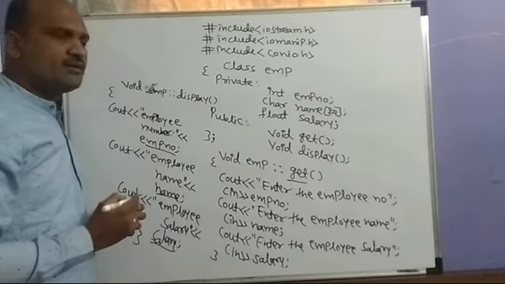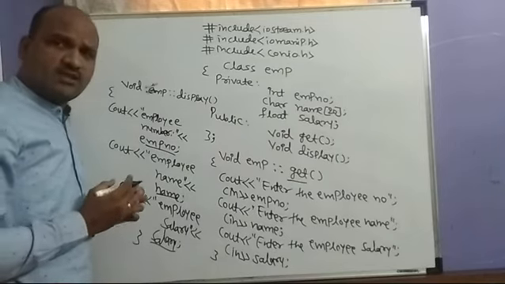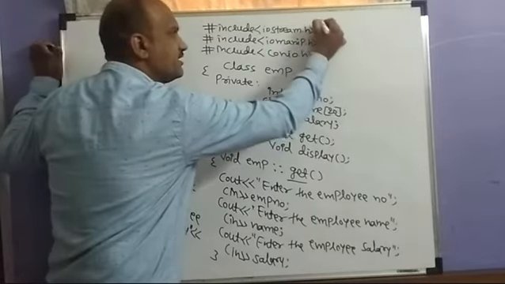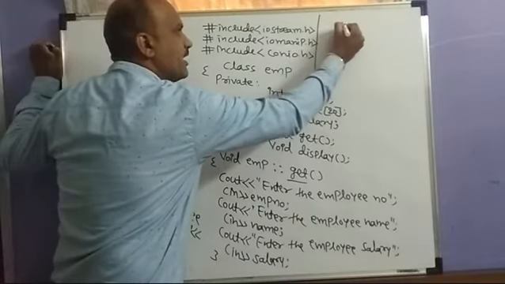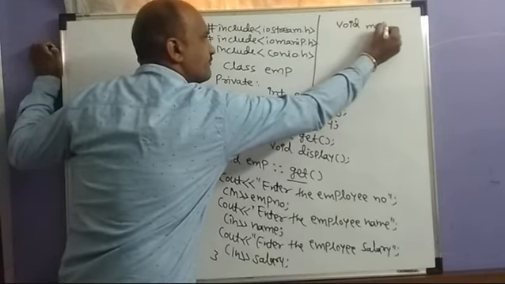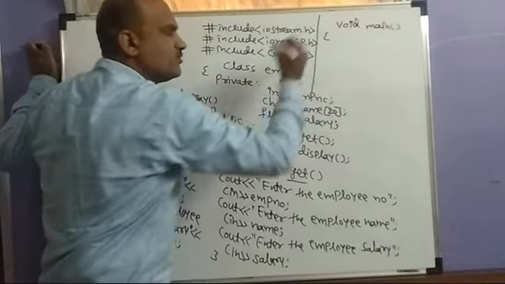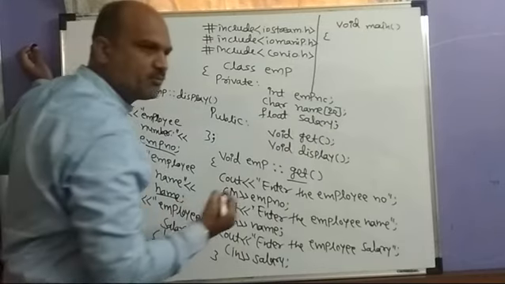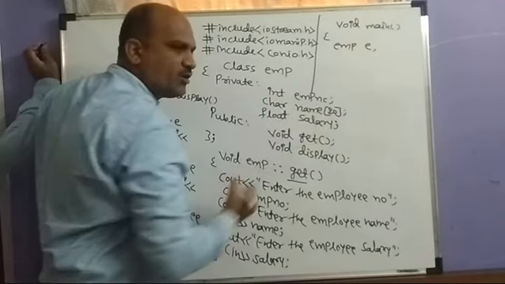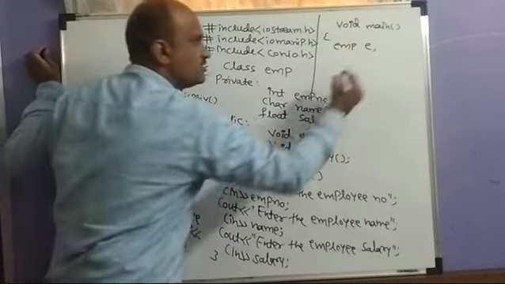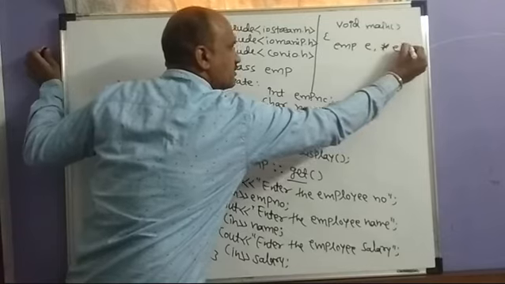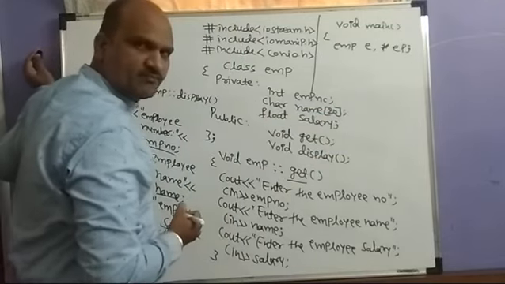Now we have to write the main function, I will write it here. So void main. We will create an object of the employee class, a pointer object, that is, a pointer to the class name.